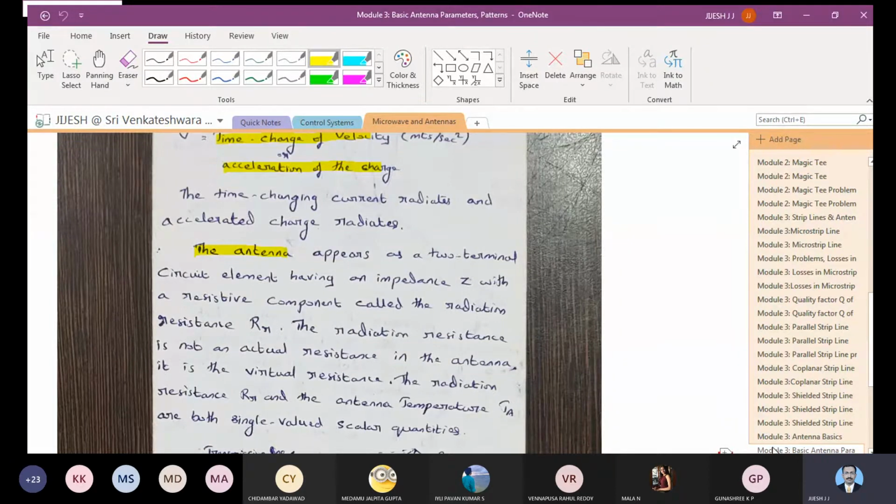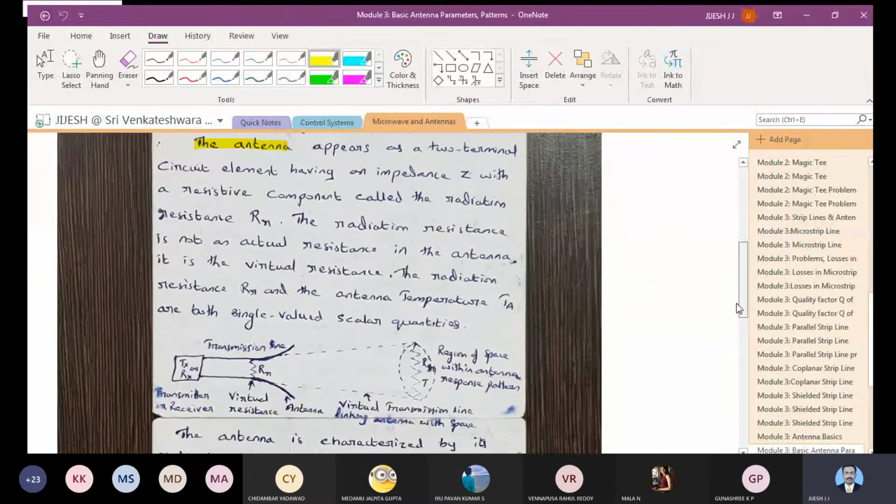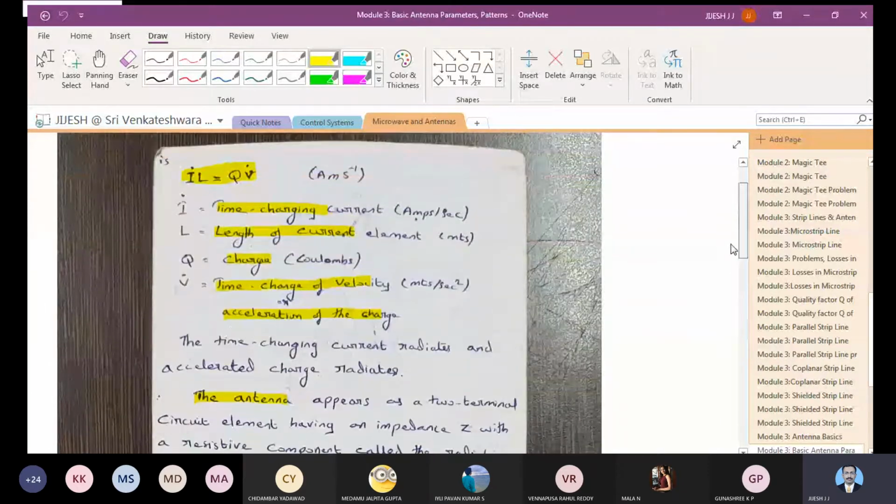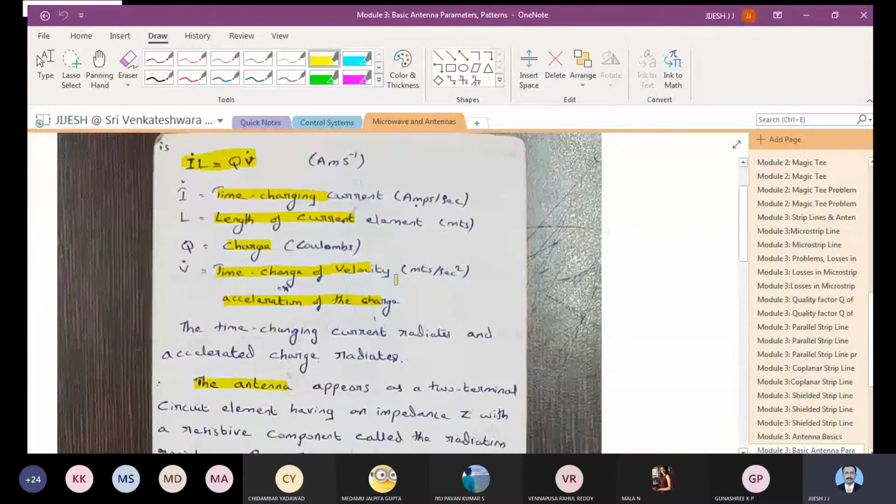This is what we are trying to understand here. We have already discussed antenna radiation and how to calculate it. The time-changing current, length of the current element, velocity or acceleration, all these terms we have defined, and we got I dot L is equal to Q V dot, and all these equations.